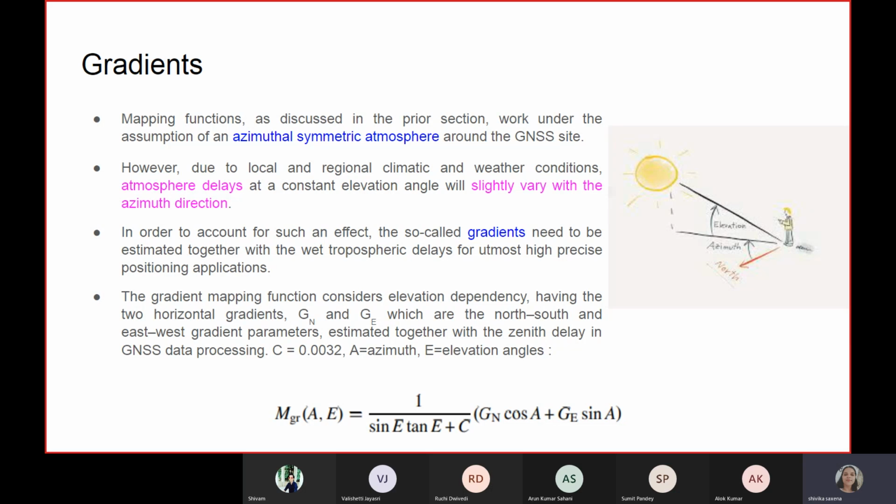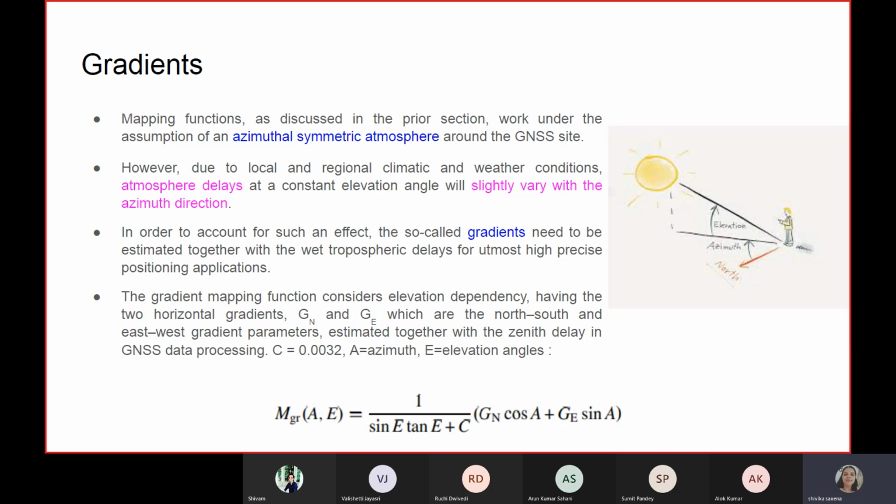So in the elevation direction, we are understanding how the water vapor is changing using mapping functions, while considering constant behavior in the azimuth direction. But to take care of the azimuth variation in the water vapor, we have to use mapping gradients.